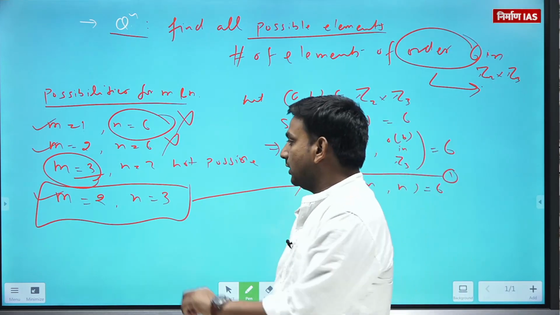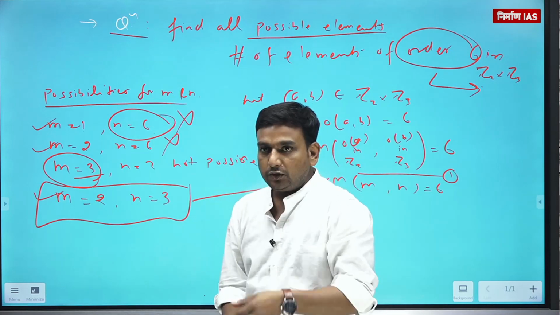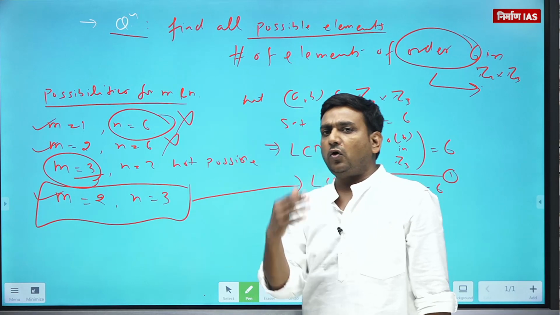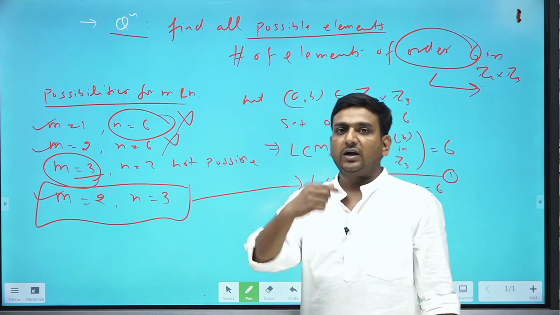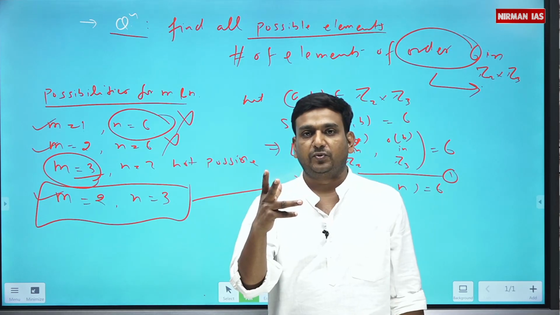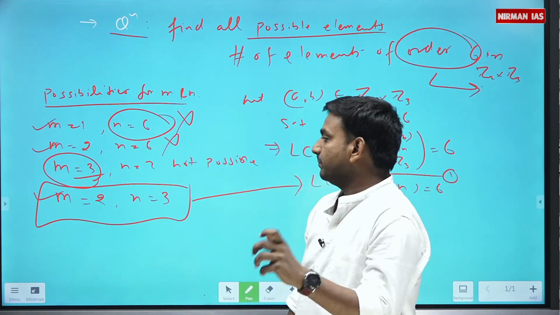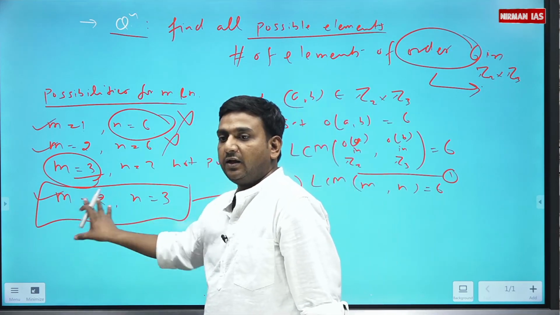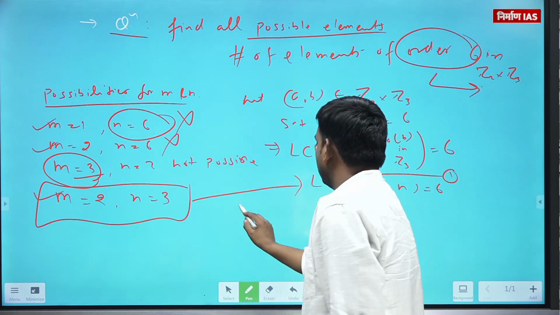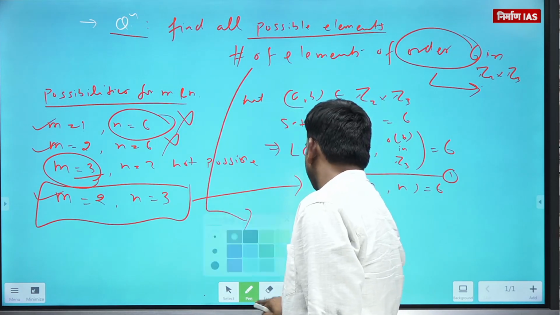This means, and listen carefully, please make it a point: you need to know how many elements of order 2 in Z2 and how many elements of order 3 in Z3. So in Z2 cross Z3, the number of elements will be the number of elements possible here into the number of elements here. So what will be the answer, my dear?